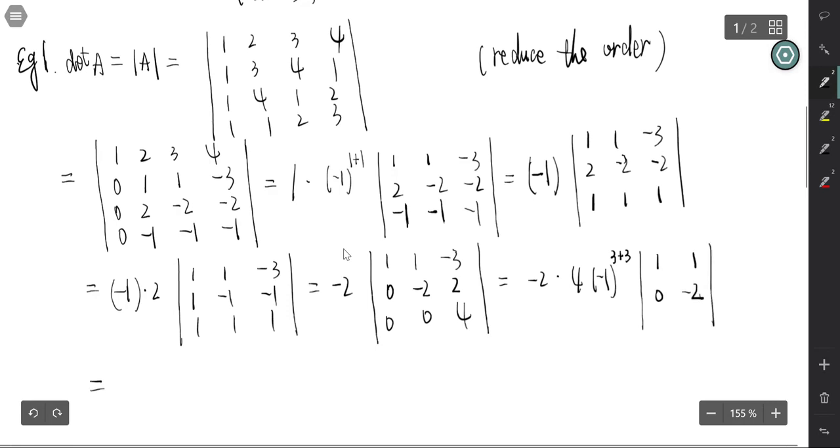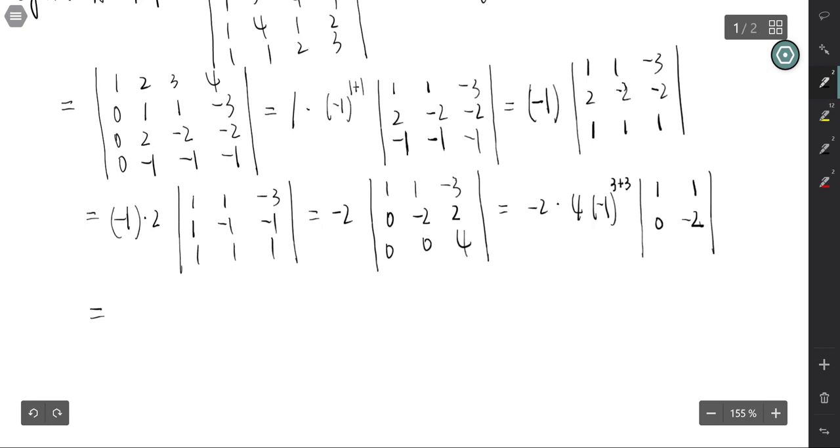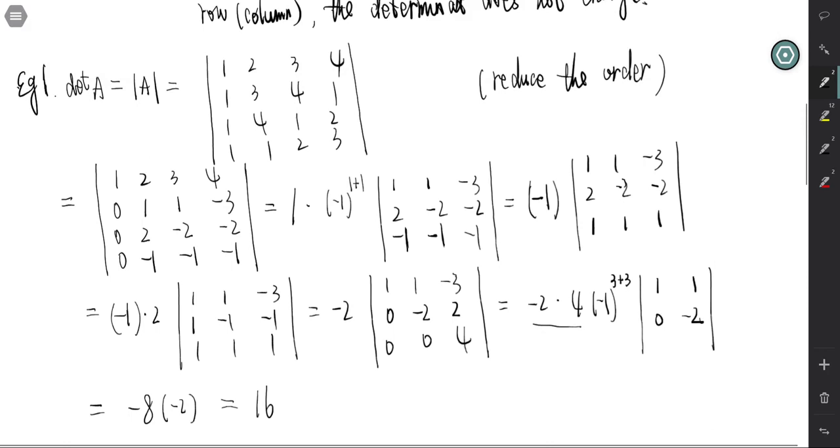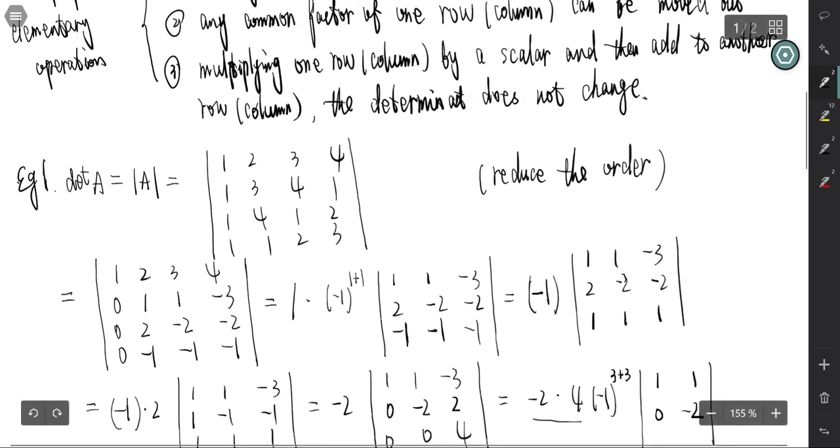By the definition of determinant of order 2, here is -2, and times 4 is -8, and times -2, that is 16.